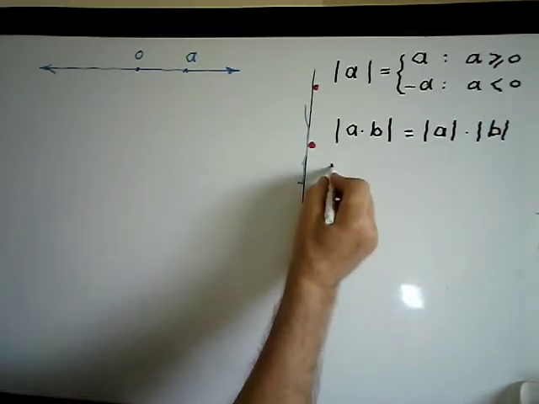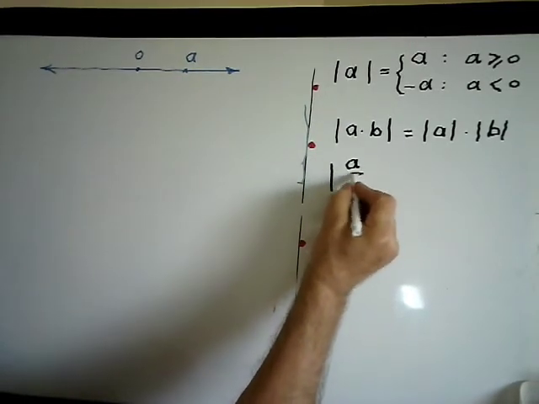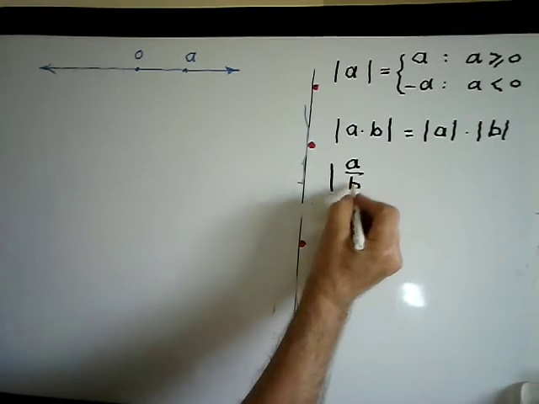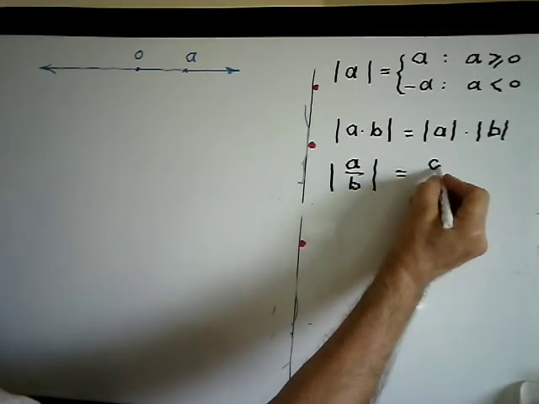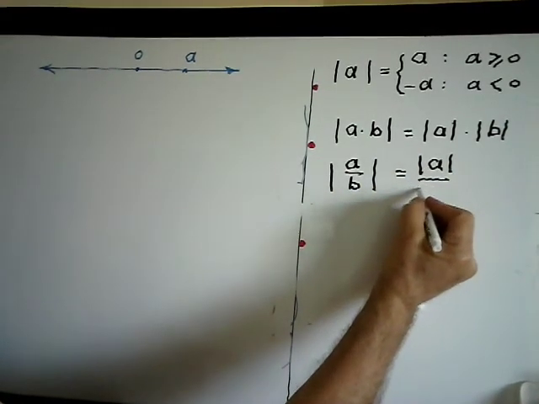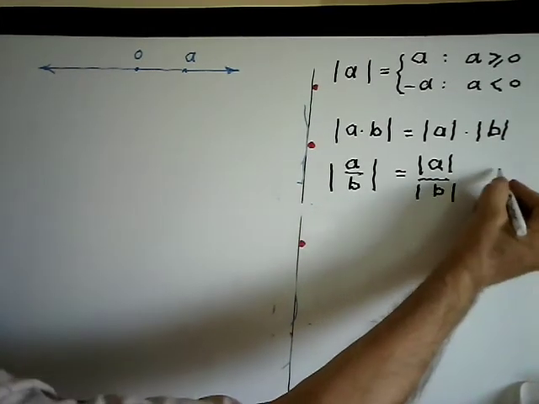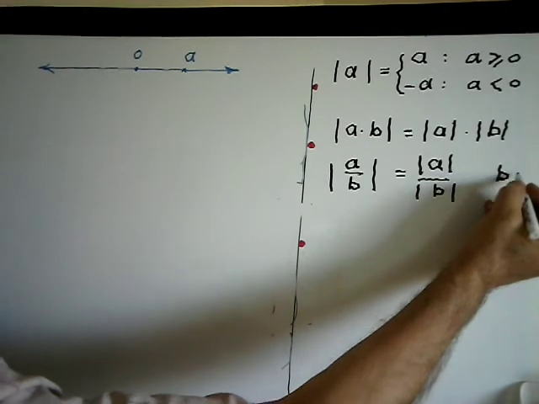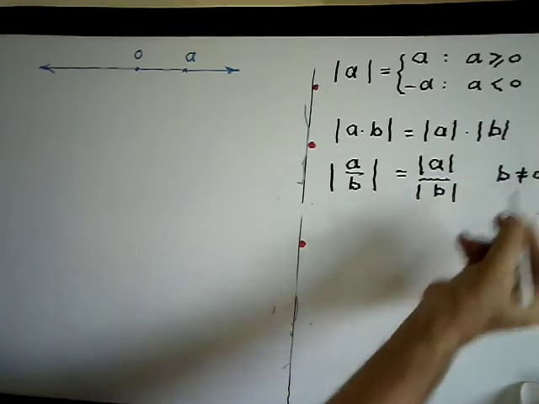Second one, for dividing A by B and finding the absolute value, it's the same as we find the absolute value for A and the absolute value for B and make the division, with condition B is not 0, because the denominator will not be 0.